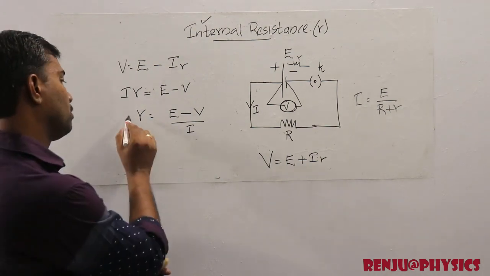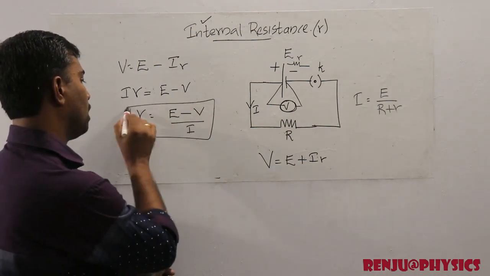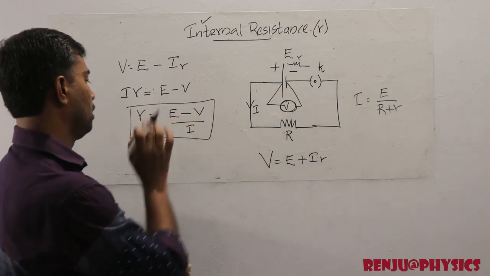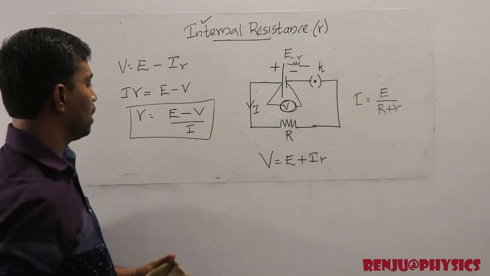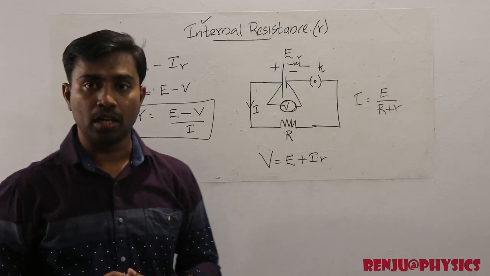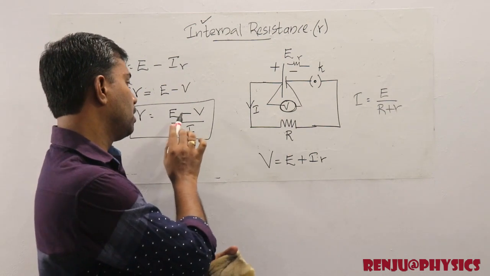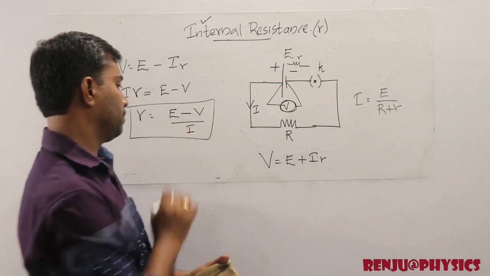Okay, clear? From this equation we can write r is equal to E minus V by I. Okay, so this is the equation for finding the internal resistance of a cell.